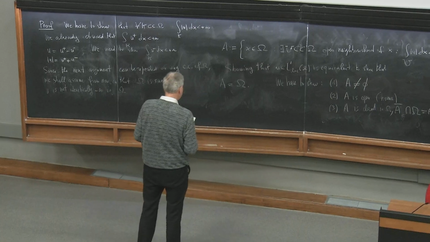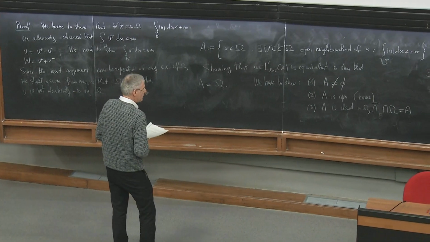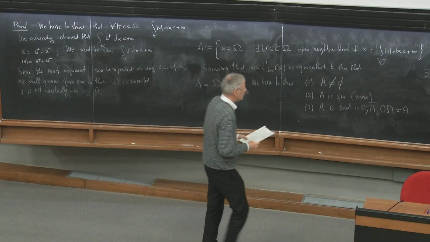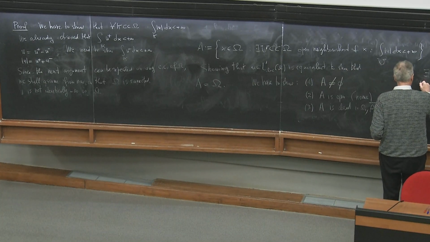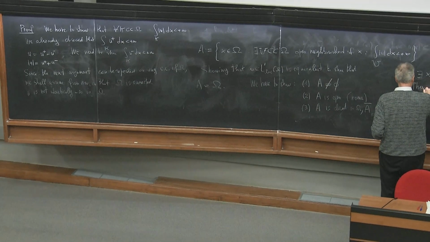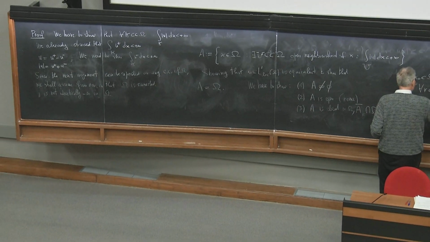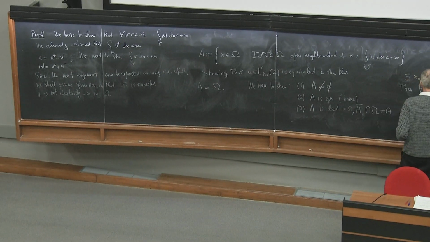Now we can use one of our definitions. Take any r such that the ball B_r of x naught is inside omega. What do we have?